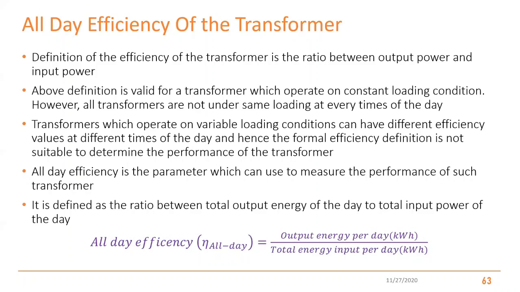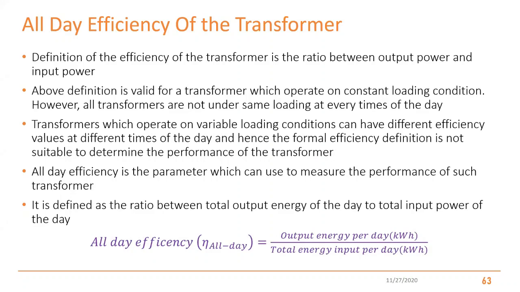If you consider the single efficiency of that transformer at a particular loading, it doesn't indicate the actual performance of the transformer. Therefore we have to use another parameter to calculate the performance of the transformer, that means the efficiency of the transformer.